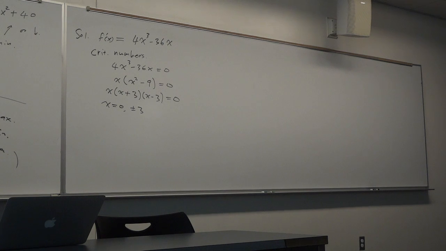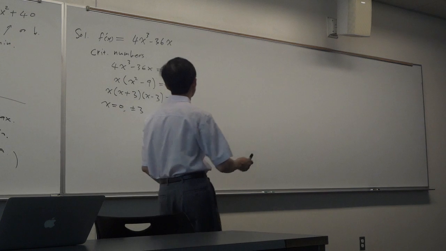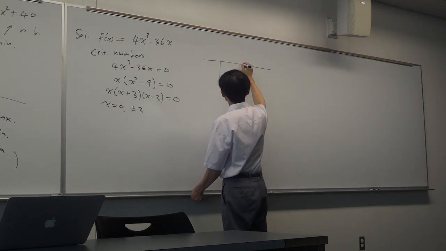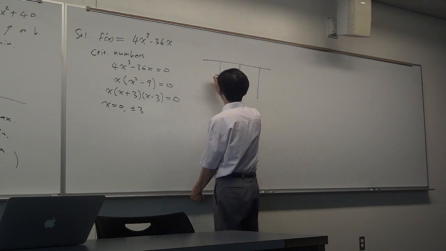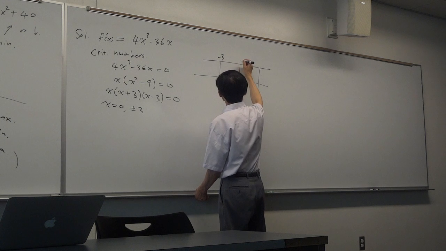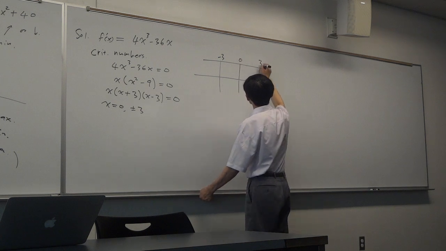Question? And I would suggest you make a table like this. You draw a table, including the critical numbers, in this case negative 3, 0, and 3.